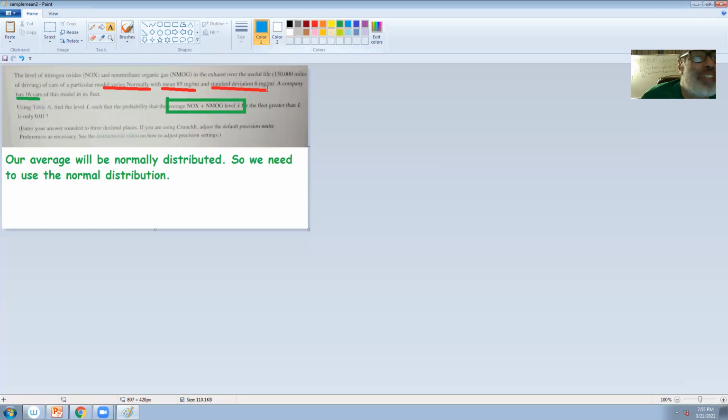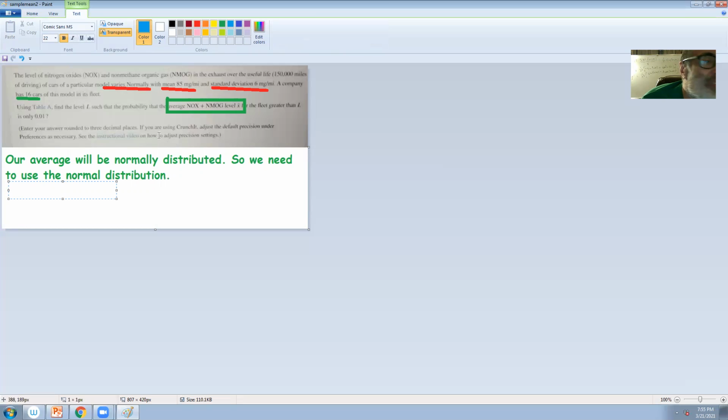Since we're asked to find a level greater than 0.01, let's find z where the probability of z being greater than, let's call it Z sub L, is equal to 0.01.